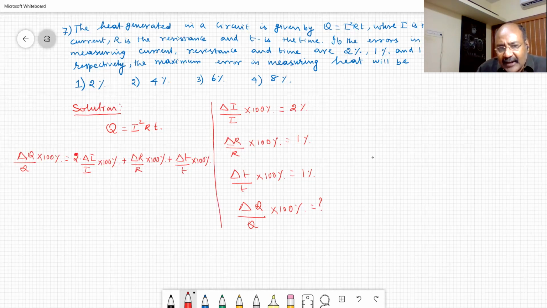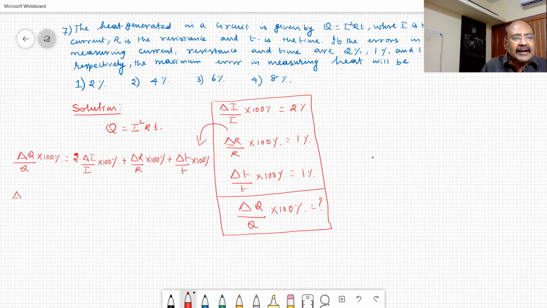Take all these values and substitute in this equation. So I can get delta Q divided by Q into 100% is equal to 2 into, what is delta I by I into 100%? It is 2. So 2 into 2% plus, here delta R by R, it is 1% plus, delta T by T, it is another 1%.